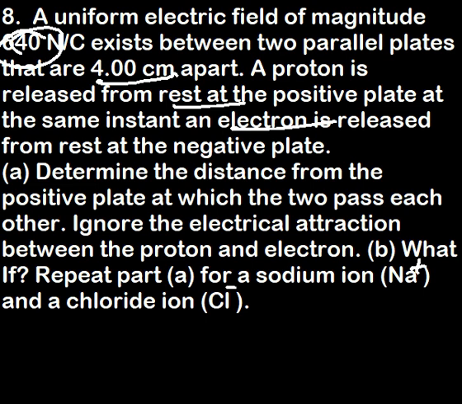A. Determine the distance from the positive plate at which the two pass each other. Now we are looking for the distance from the positive plate at which the proton meets the electron.